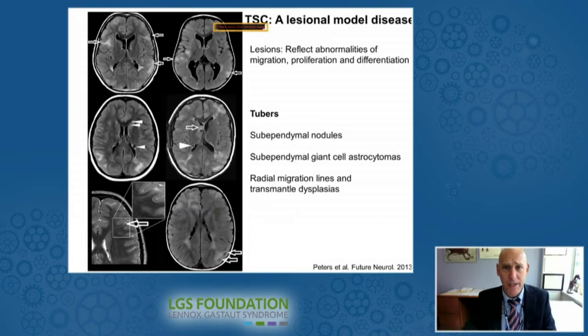I will be speaking about TSC a very little bit, and it is a lesional model disease. Of course, there's a big genetic component with inherent increased epileptogenicity in a combination of abnormal neurons, and probably a big role for glial cells as well. But mainly this is lesional, and some of these lesions are active and some are not.